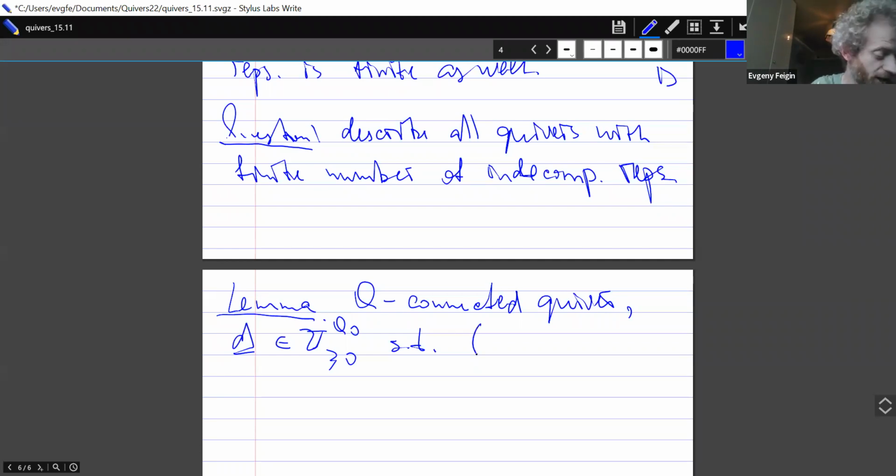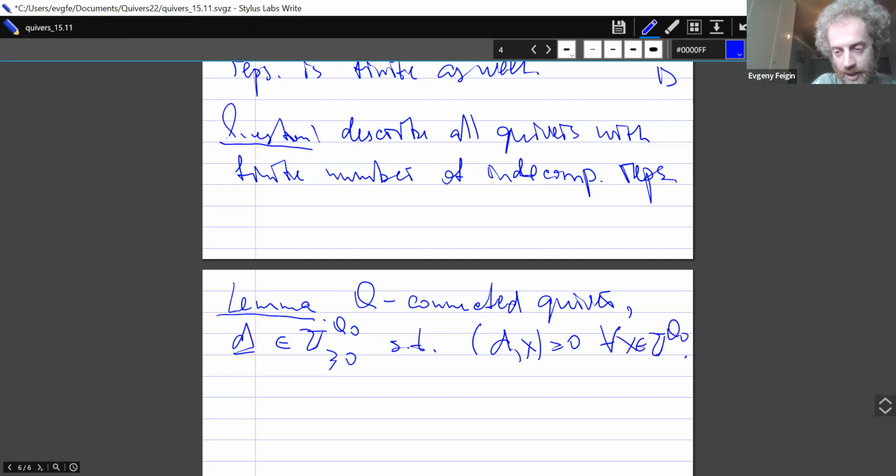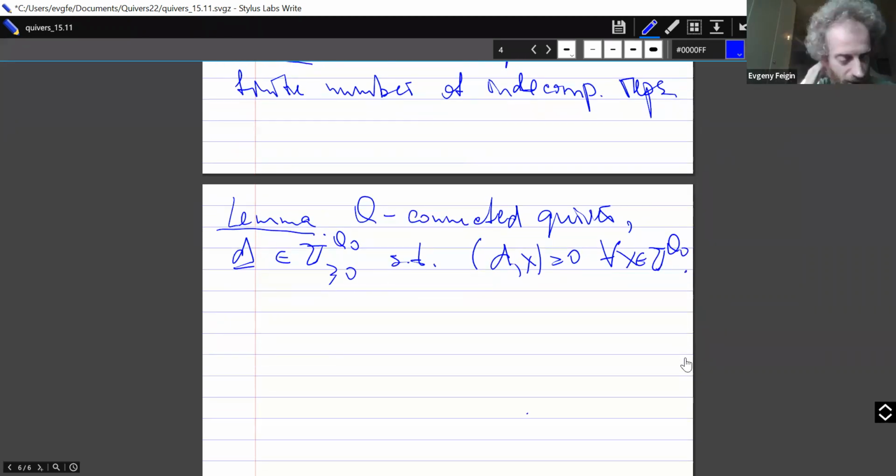So such that (d, x) is 0 for any x in Z to Q_0. Recall that this is the symmetric bilinear form defined by our quadratic form, and we assume that we are able to find a kernel of this form.